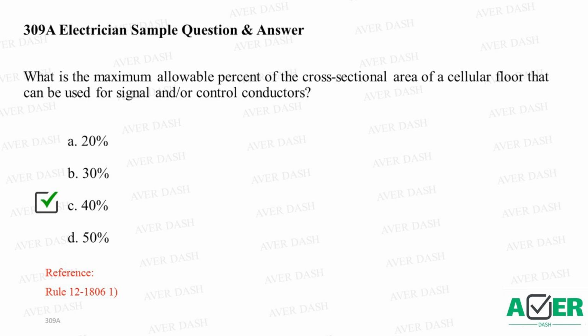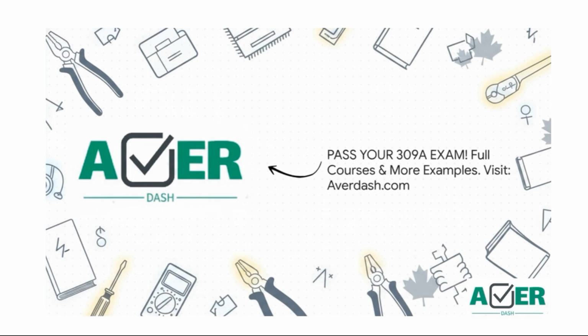Therefore, option C, 40%, is the only safe, code-compliant, and correct answer. That remaining 60% of empty space is absolutely critical for the heat dissipation and mechanical clearance we were just talking about. So as you continue prepping for your exam, always remember to look past the raw numbers and understand the why behind them: the heat, the safety, and the physical space requirements.